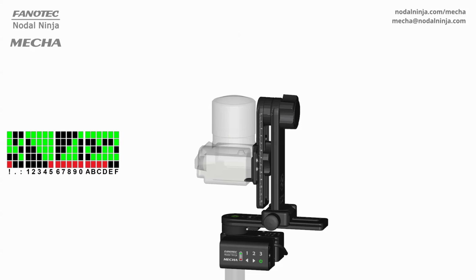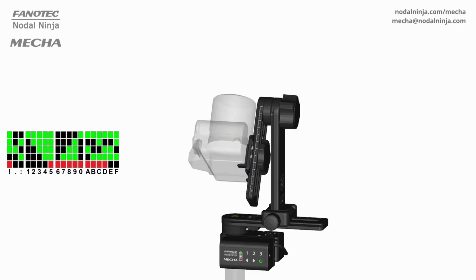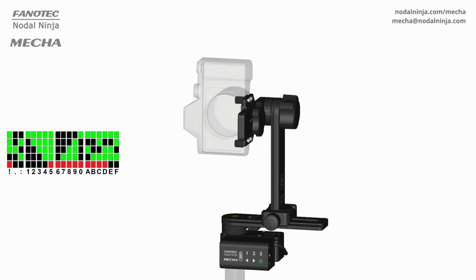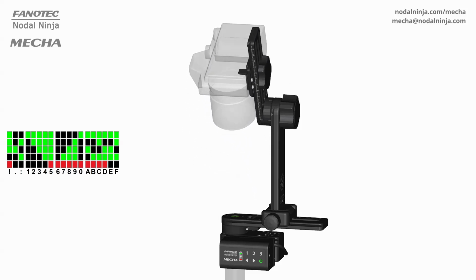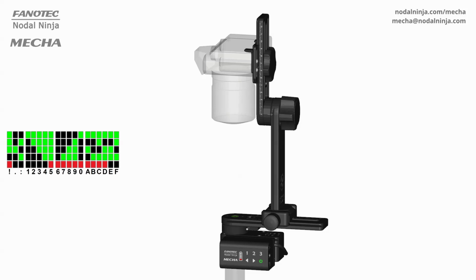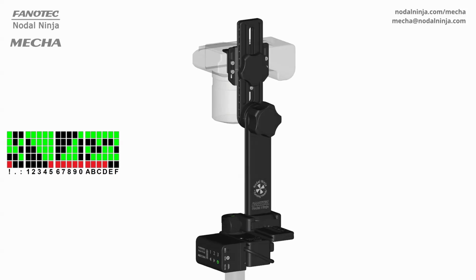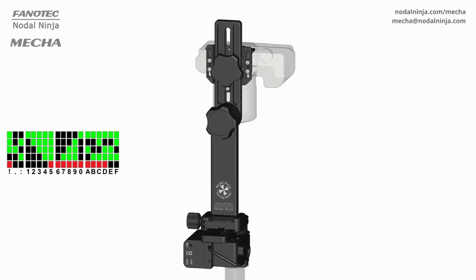Position the upper rail manually, as before, then confirm with the right button. First nadir shot, and the second nadir shot.